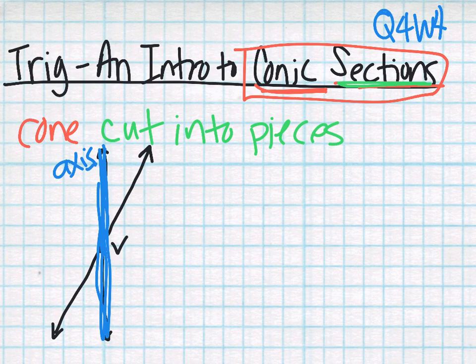in 3 dimensions. So if I take this blue, imagine in your head, if I take this blue line, spin it in a circle, this black line is going to kind of spin around, and it's going to create 2 cones that look kind of like this. So it's got a cone at the top and a cone at the bottom.